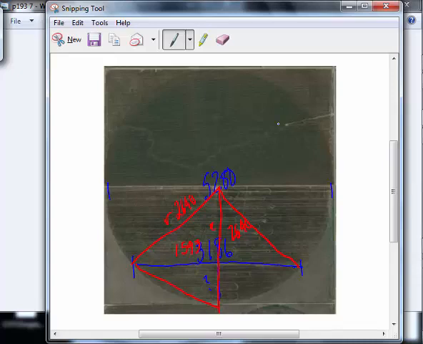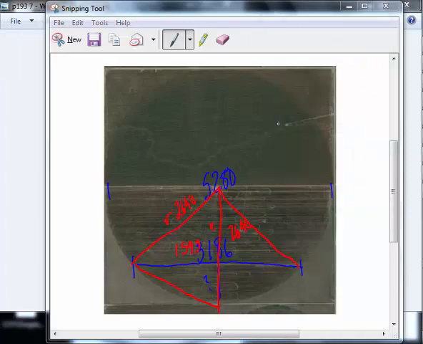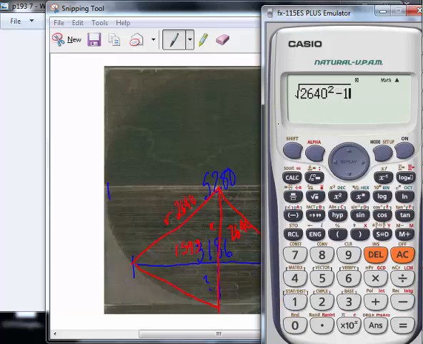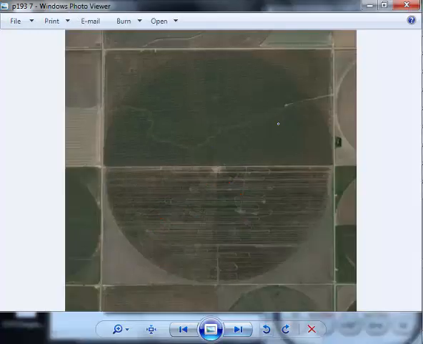So we can figure out how much this part here is by using our calculator. We're given the hypotenuse, so we take 2640 squared minus 1593 squared, which tells us that this side here is 2105. If we take 2640 minus that answer, we'll get 535 feet, which is this part down here.